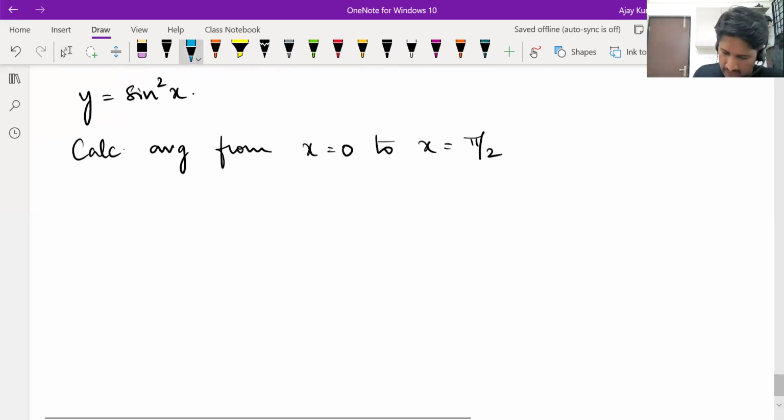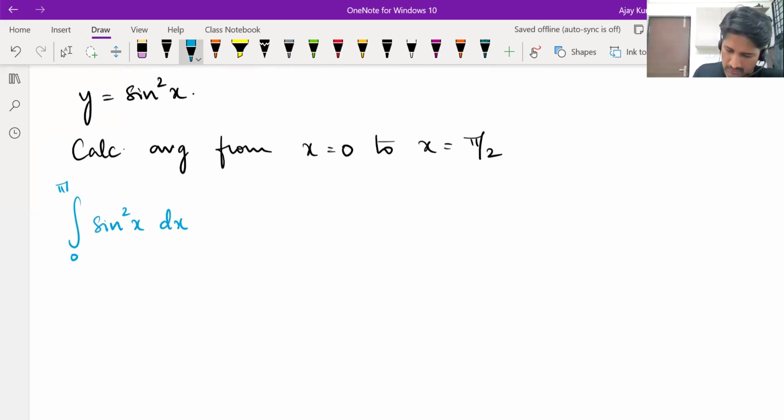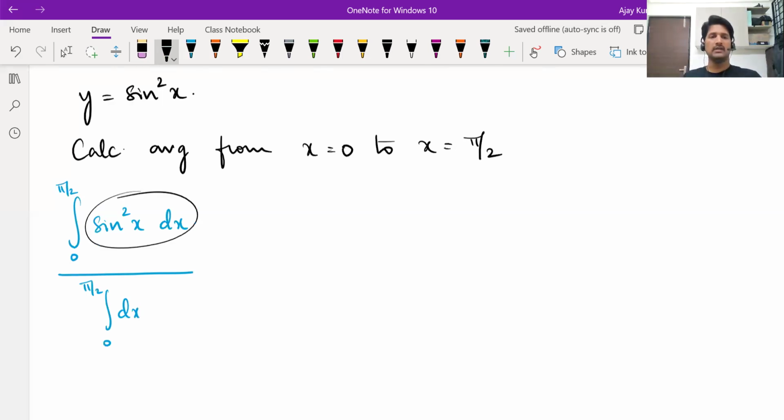So you'll be doing integral sine square x dx from 0 to pi by 2 divided by integral dx from 0 to pi by 2. Denominator is easy to deal with. Can any of you tell me how to integrate sine square x dx?